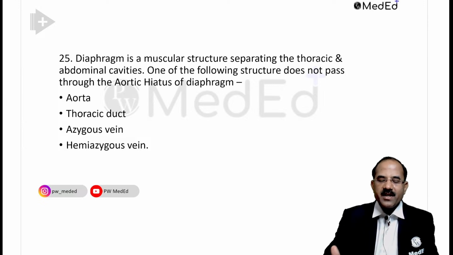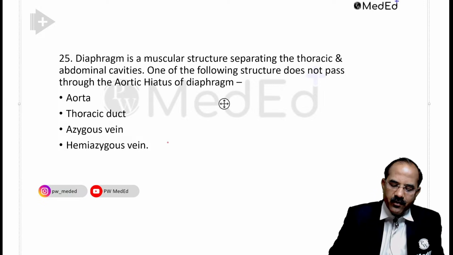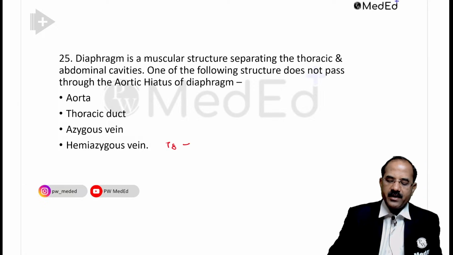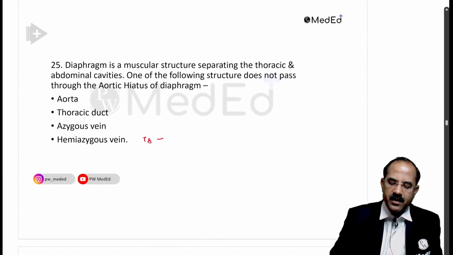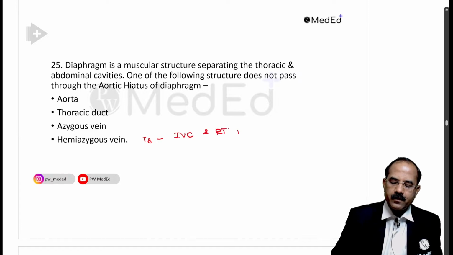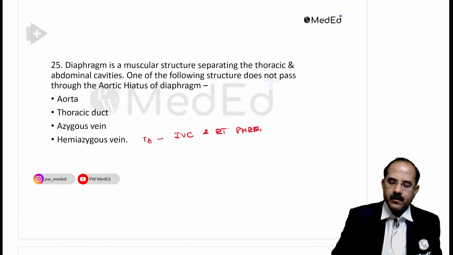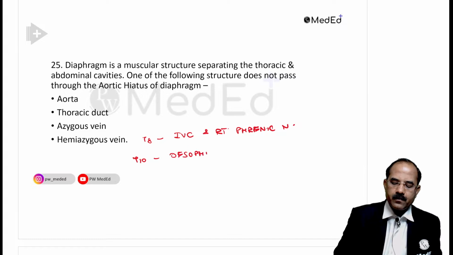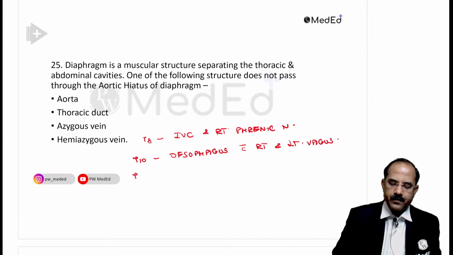This is very important. There are three major openings in the diaphragm. At the T8 vertebral level, what passes through the diaphragm is the IVC and the right phrenic nerve. At T10, the esophagus with the right and left vagus.